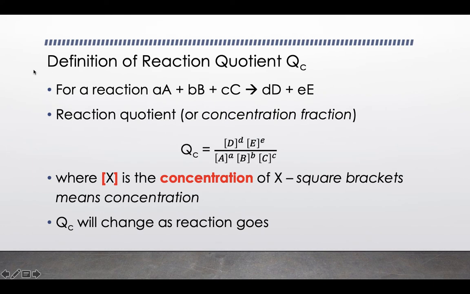Before we define equilibrium constants, we need to define a new idea called the reaction quotient, Qc. For a reaction, the reaction quotient is defined as the multiplication of the concentration of products to the power of their coefficients over the multiplication of the concentration of the reactants to the power of their respective coefficients.